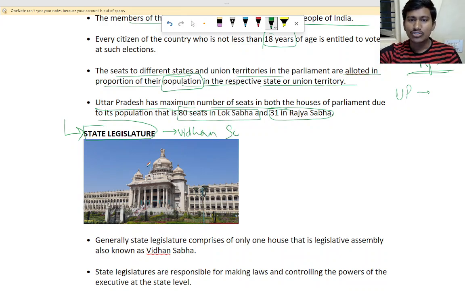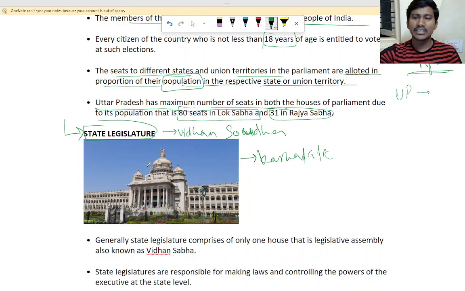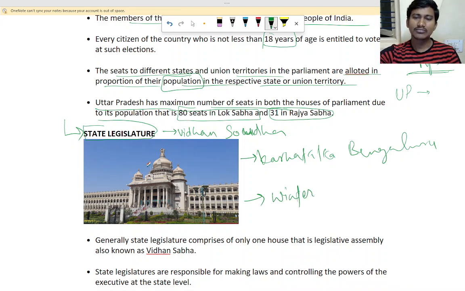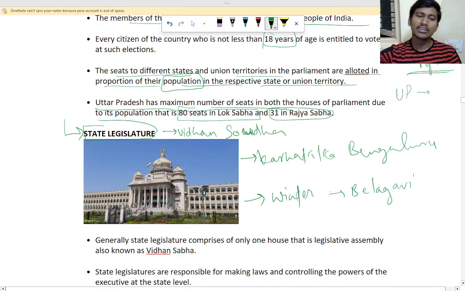This is the Karnataka Vidhan Saudha, in Bengaluru. This is the winter parliament and that is the summer parliament. Winter parliament is in Belgavi. So there is one more Vidhan Saudha like this.